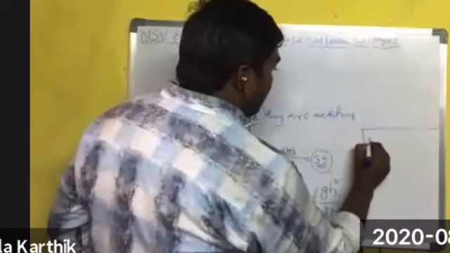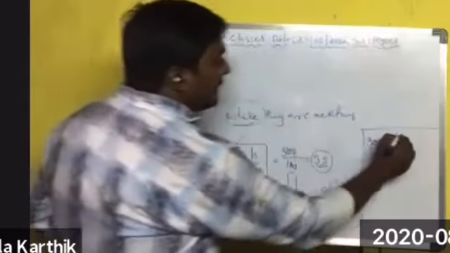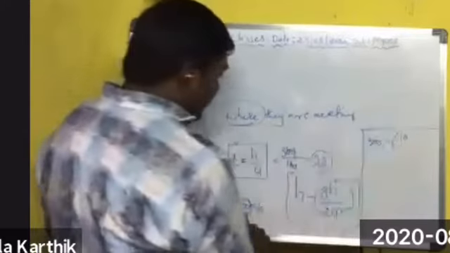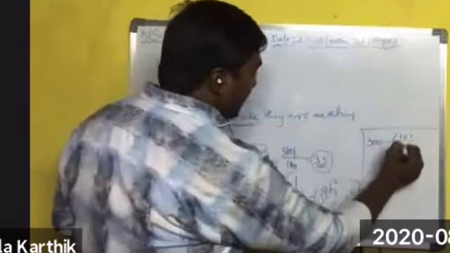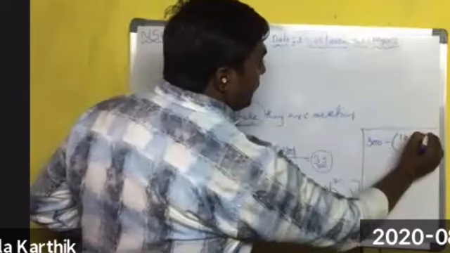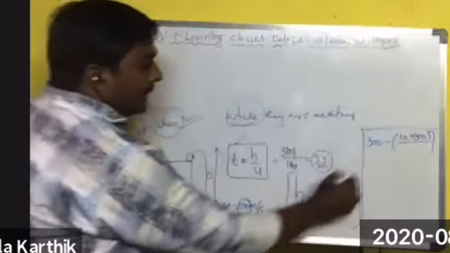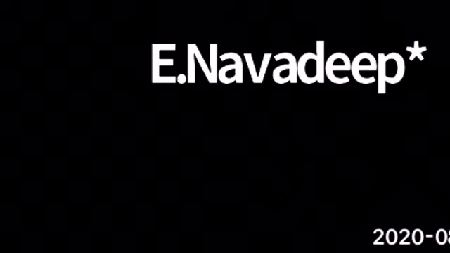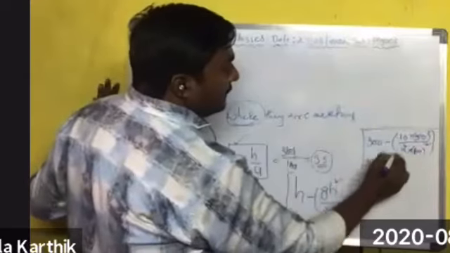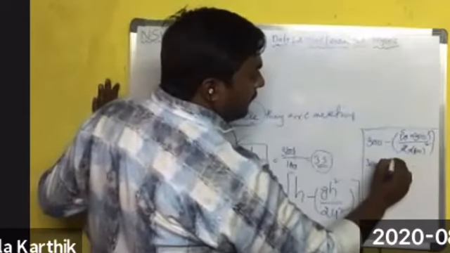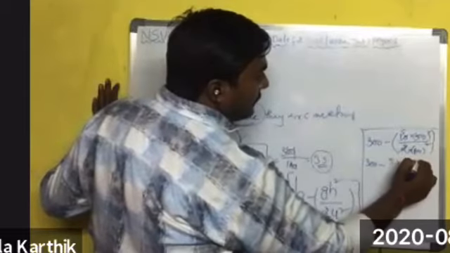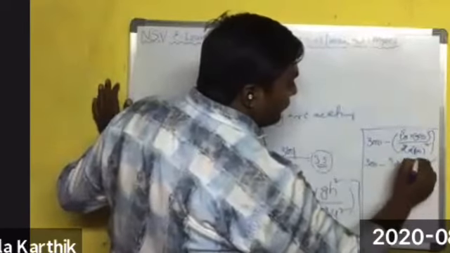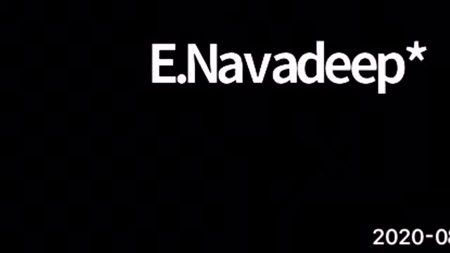So now h is equal to 300 minus g, where g is 10 meters per second square, acceleration due to gravity, and h is again 300, whole square, divided by 2 into u square, where u is 100 whole square. The zeros cancel, so 300.